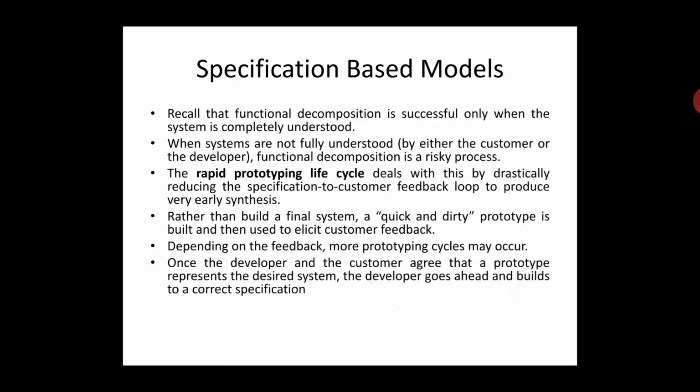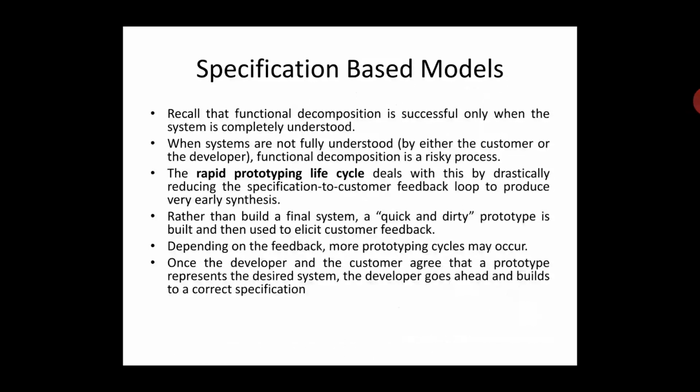Depending on the feedback, more prototype cycles may occur. If they need any changes, another prototype may occur. A prototype is actually not a complete system, but a copy of that system which possesses the look of the real system, built with a quick building approach.